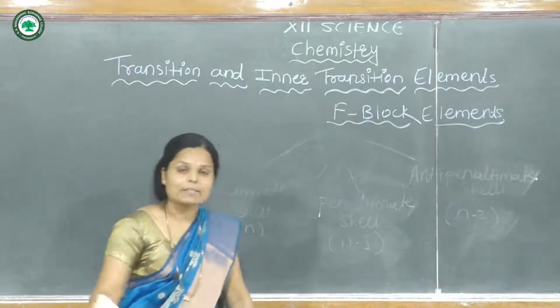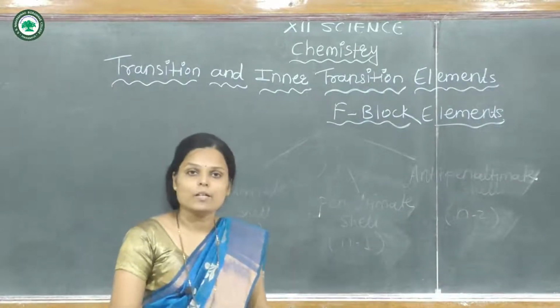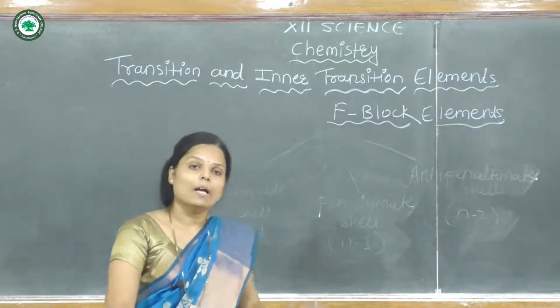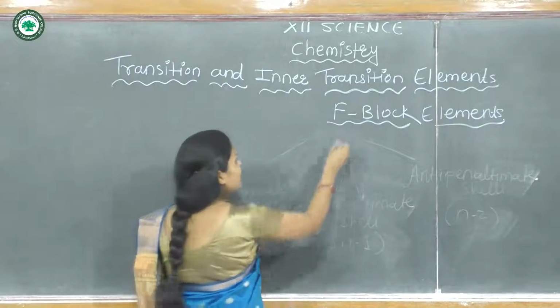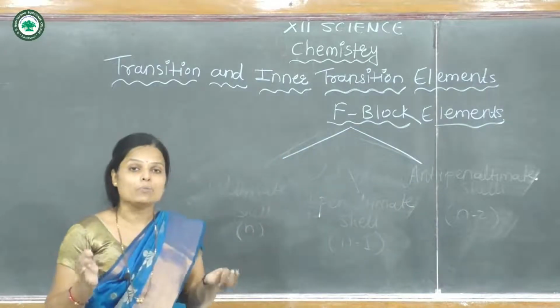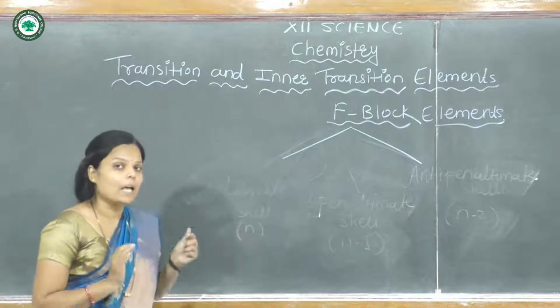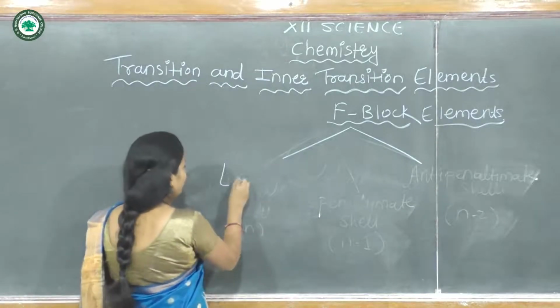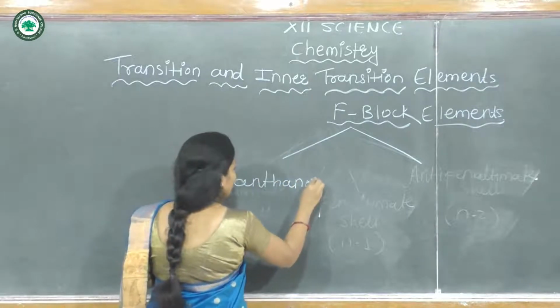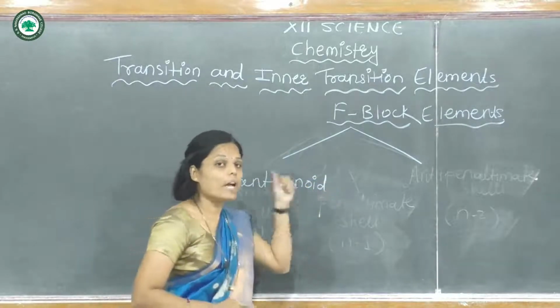Now f-block elements are divided into two series: the 4f series and the 5f series. The first is the lanthanoids and the second is the actinoids.